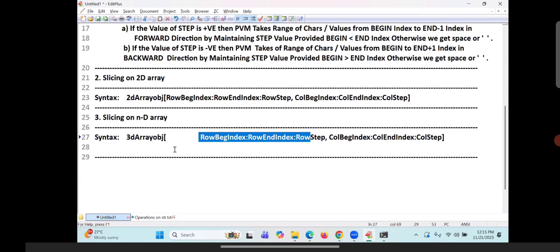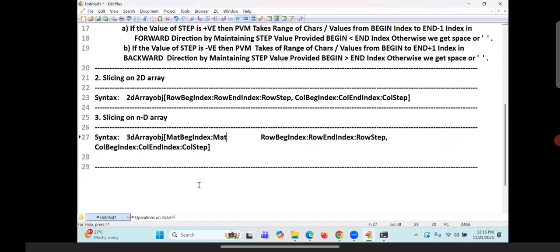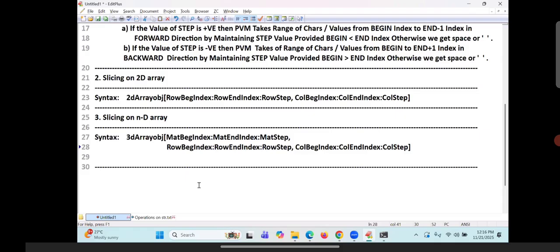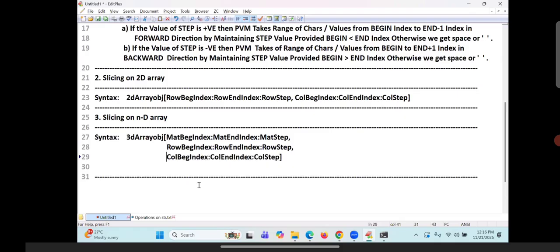But here I will write matrix begin index colon matrix end index colon matrix step. Step by step I will write it so you can understand. Is it okay?